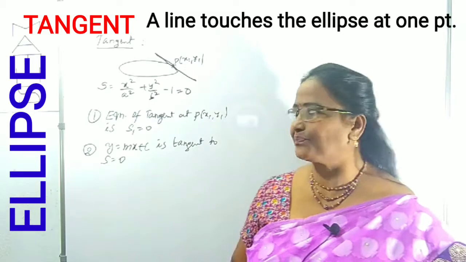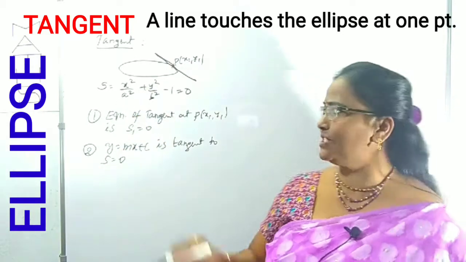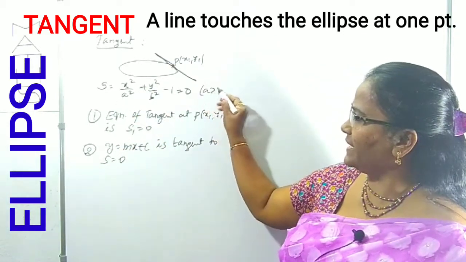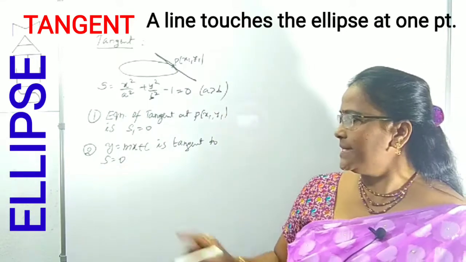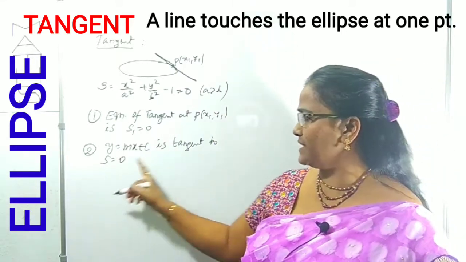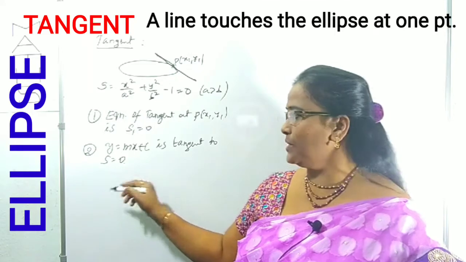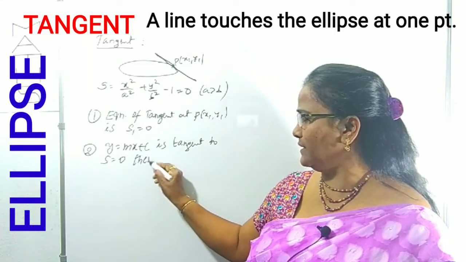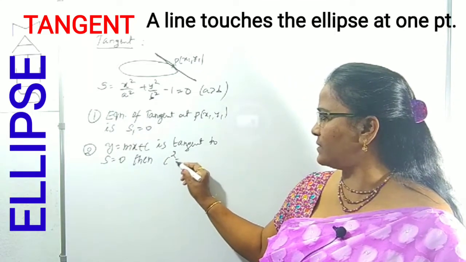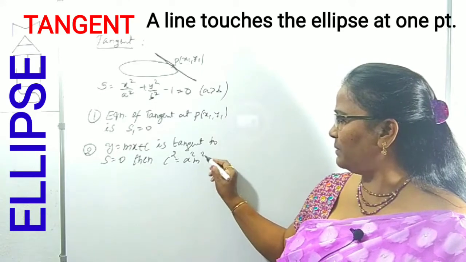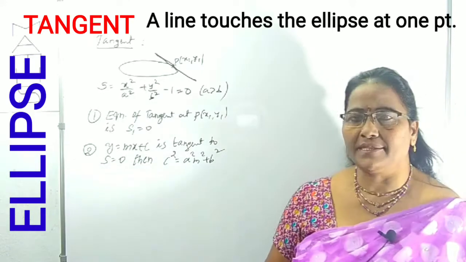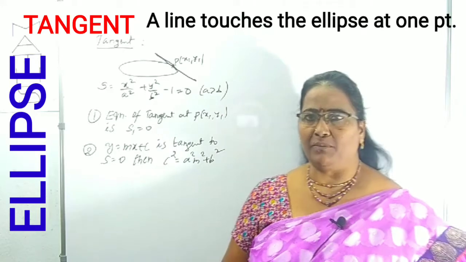What is S here? This is the standard equation of the ellipse. Here we take a greater than b. So if y equals mx plus c is tangent to the ellipse S equals 0, then the condition is c square equals a square m square plus b square.